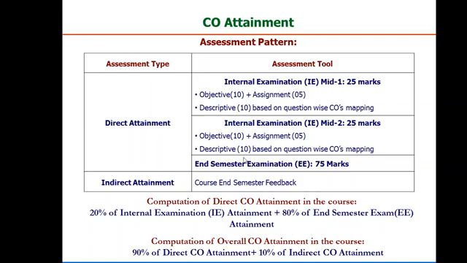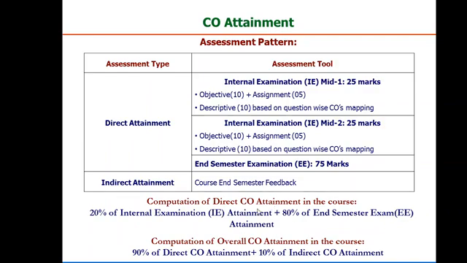Whenever we compute the internal examination attainment, we get a particular value, and 20 percent weightage will be considered. In the end exam, for whatever attainment value is obtained, 80 percent weightage will be considered. This is for direct attainment of CO.